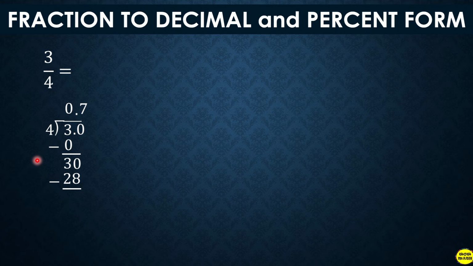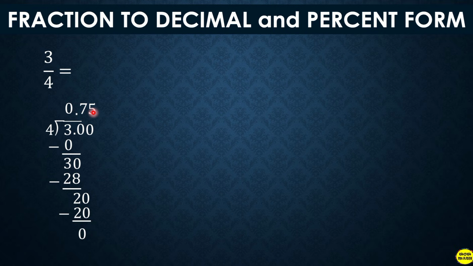Subtract. 30 minus 28, that is 2. Now, we cannot divide 2 by 4, so we will borrow again. And then, bring down 0. 20 divided by 4 is 5. And then, 5 times 4, that is 20. Minus, that is 0. So, therefore, 3/4 is equal to 0.75.